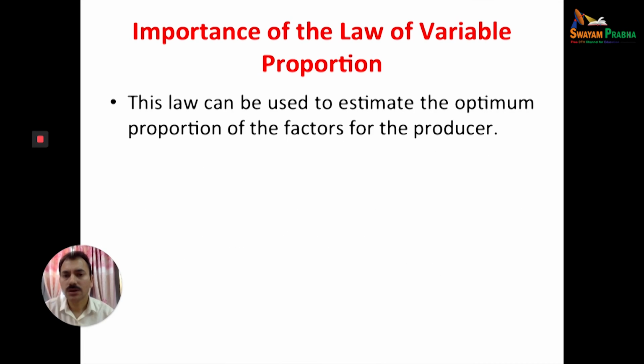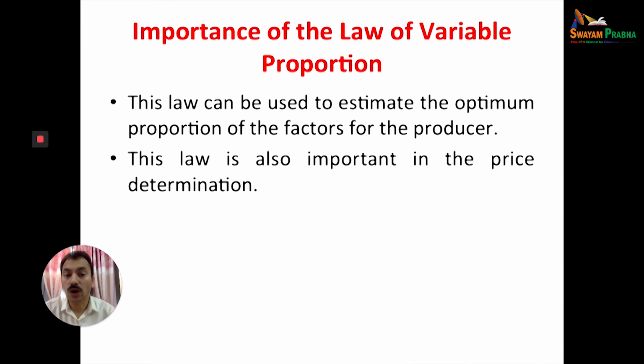Even this law can be used to estimate the optimum proportion of the factors of production. This law is also important in price determination. What should be the optimum price?